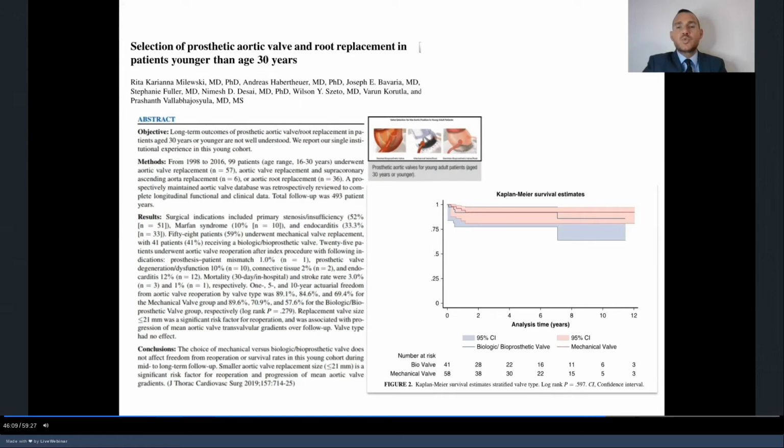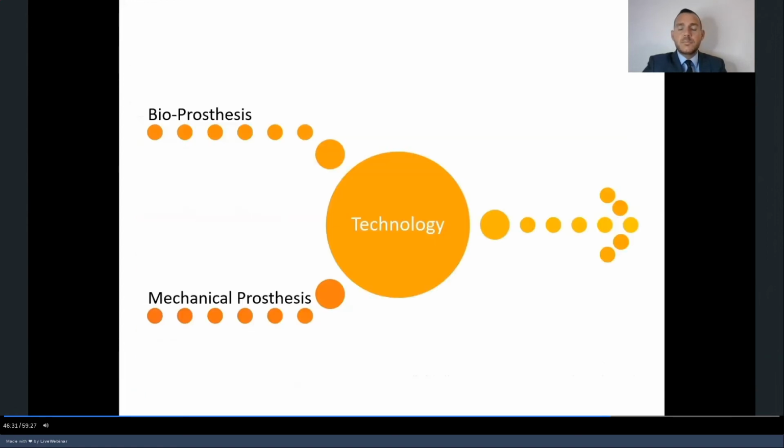And it's quite interesting to note that the outcomes, either in terms of survival or reoperation rate, are basically similar between the patients having undergone aortic valve replacement, mechanical versus biological. But what is the response to this increased need of biological valves with a potential better durability?